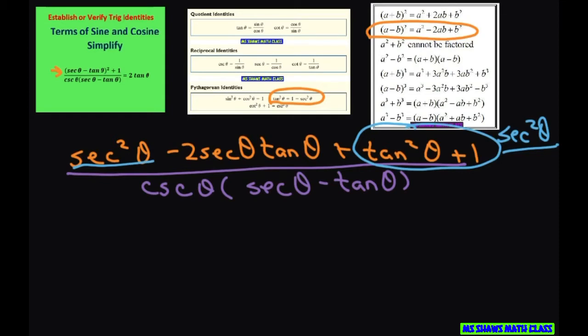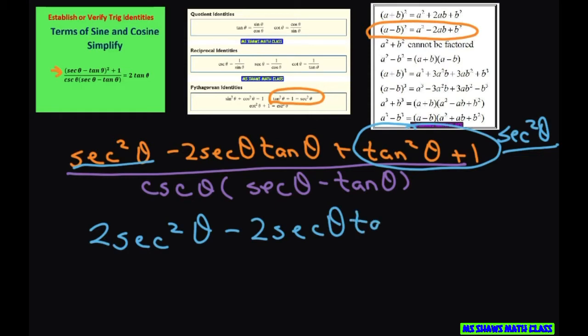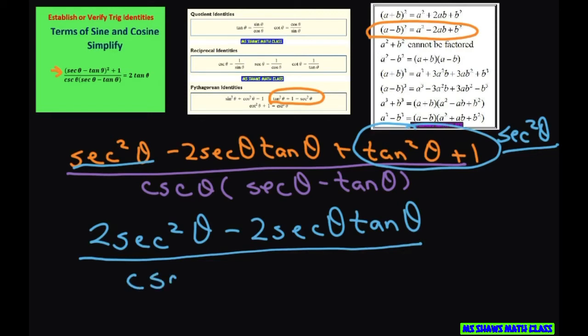So that's going to give me 2 secant squared theta minus 2 secant theta tan of theta, all divided by cosecant theta times secant theta minus tan theta.